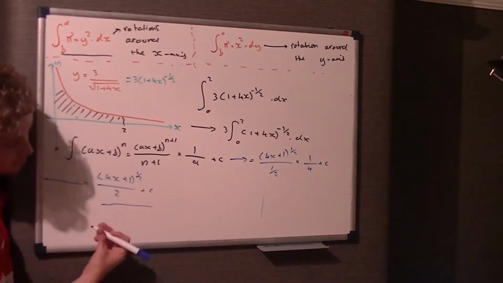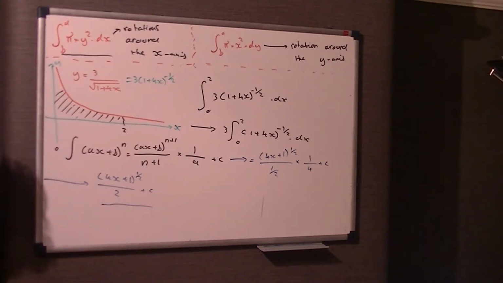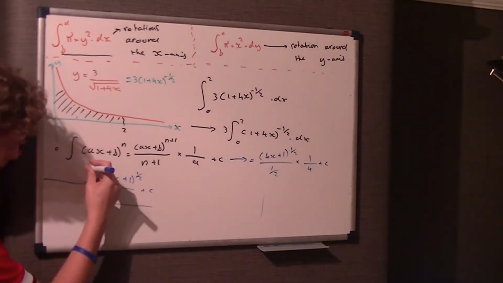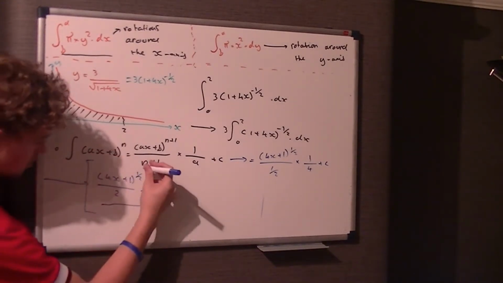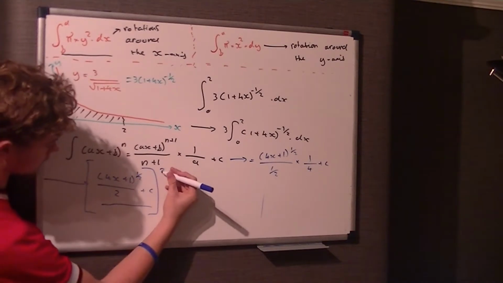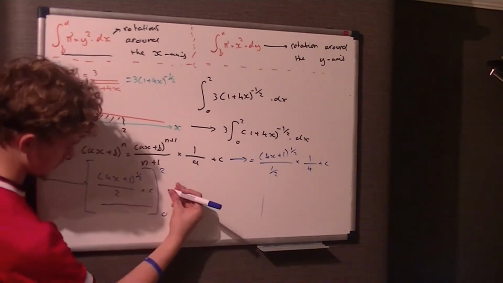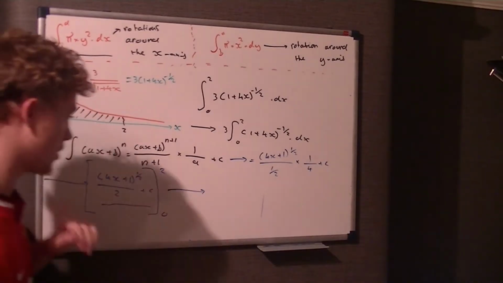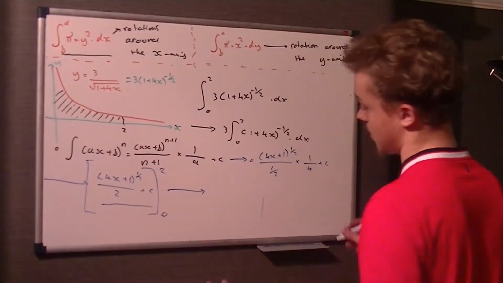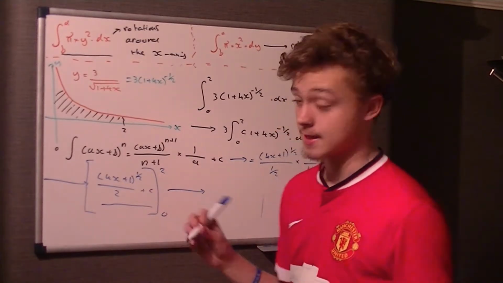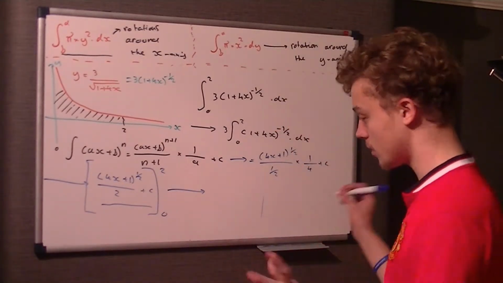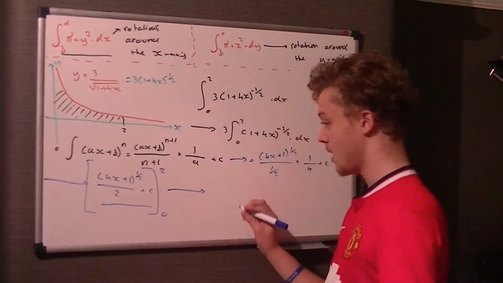Now that is not your full answer, that's just your answer to your integral. We still need to evaluate this between the limits of 2 and 0. So all we do is sub in x is 2 and take that away from when you sub in x is 0. So this is just like any other C2 equation.